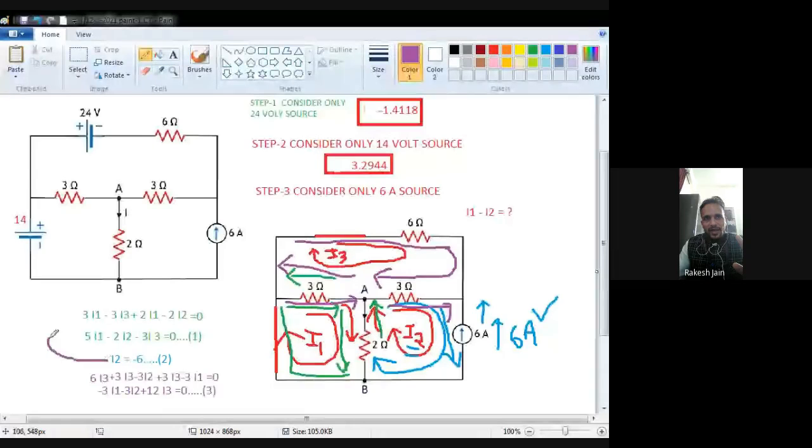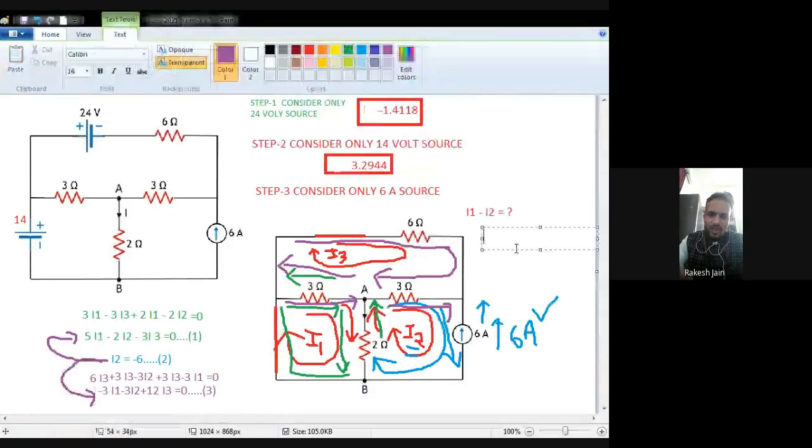Once again I am repeating this. In the second mesh I denoted the direction of the current as I2, but a direct current is given in the question itself, that is 6 ampere.